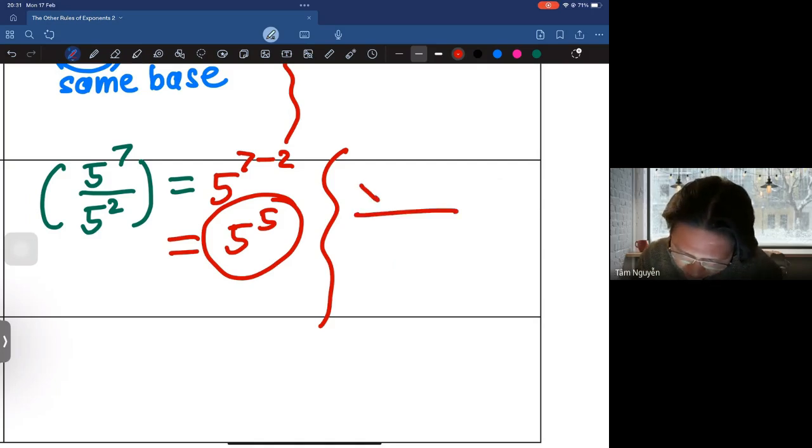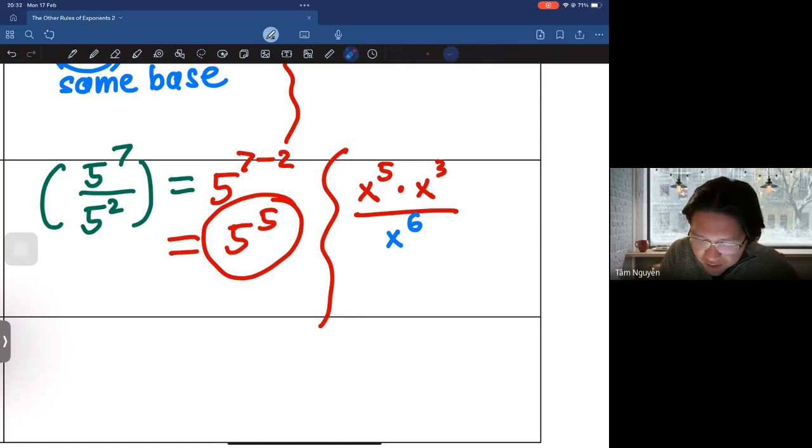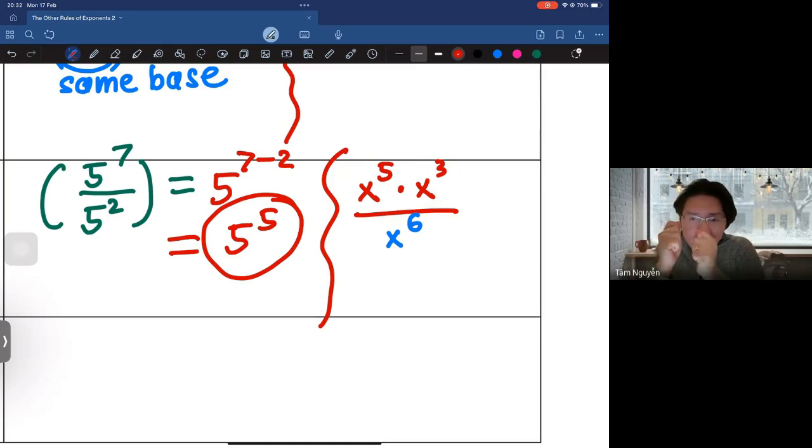For example, let's say you have x to the power of 5 times x to the power of 3, everything divided by x to the power of 6, something like that. If you have a combination like this, the first thing I want you to do is please simplify whatever you have on top first. Please simplify this one first. You cannot do anything if you have separate, multiple exponents, right?